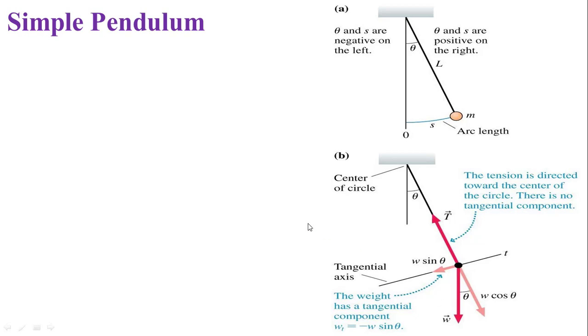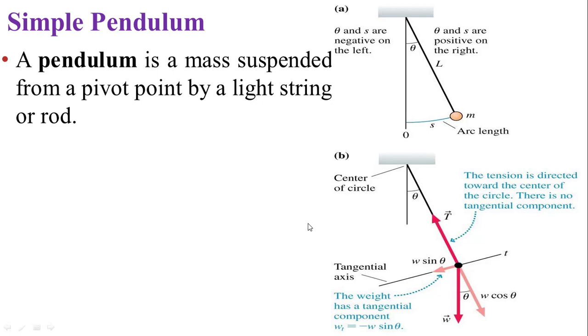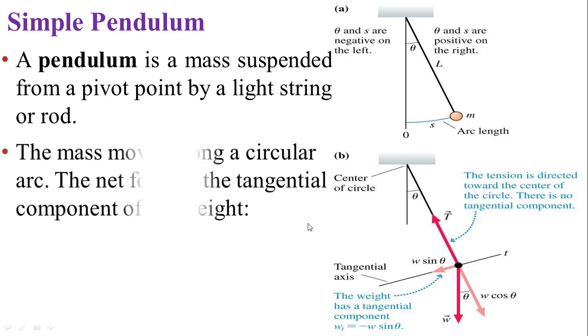So we can write that a pendulum is a mass suspended from a pivot point by a light string or a rod. The mass moves along a circular arc. The net force is the tangential component of the weight, because here we can see that W tangent is equal to minus W sin theta.